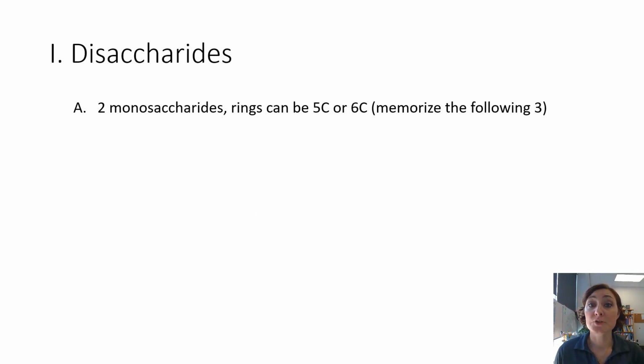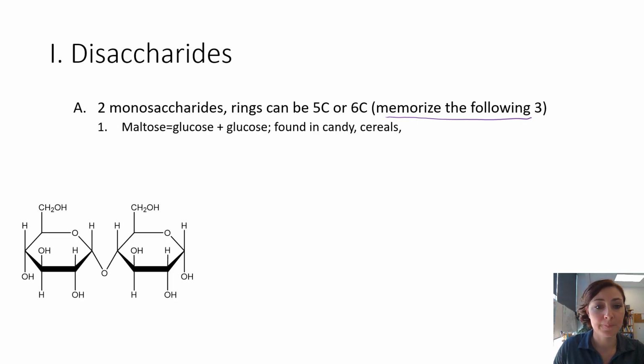Disaccharides are made up of two monosaccharides. As you remember from our monosaccharides podcast, the monosaccharide can be either 5 carbon rings or 6 carbon rings. There are 3 that I'm going to ask you to have memorized, and they are as follows. The first is maltose. Maltose is found in candy and cereal and malt beer.